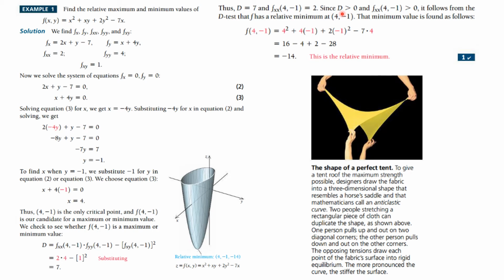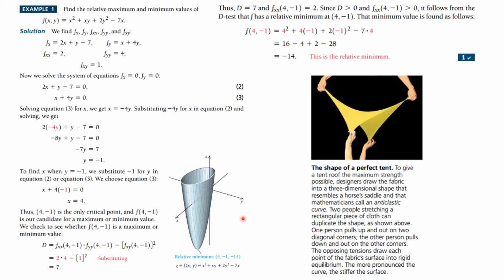So we have that D is bigger than 0 and fxx evaluated at the critical point is bigger than 0. So it follows that this is a relative minimum, and the minimum value we find by substituting (4, -1) into our original function. We do that and we get minus 14.